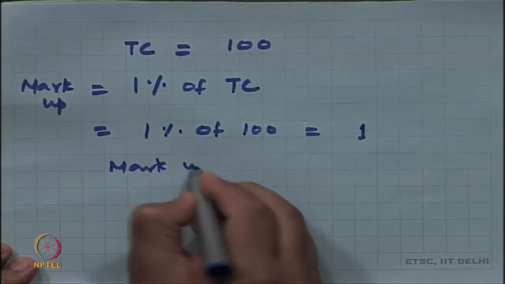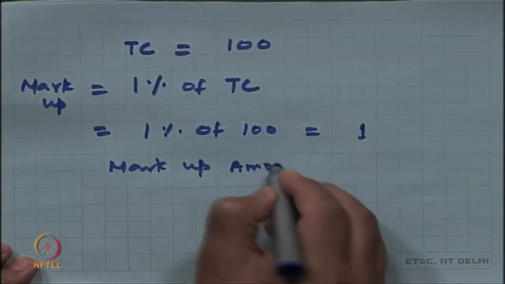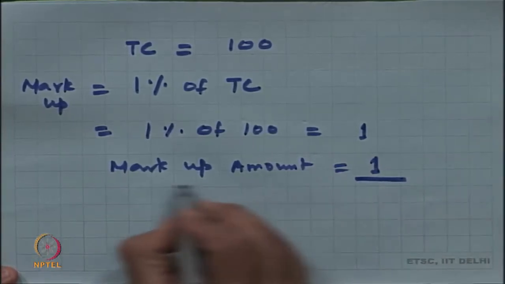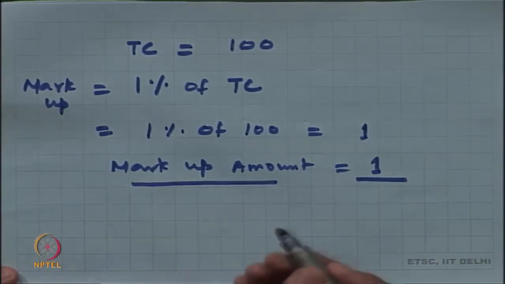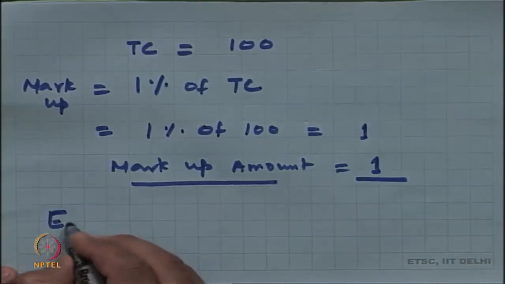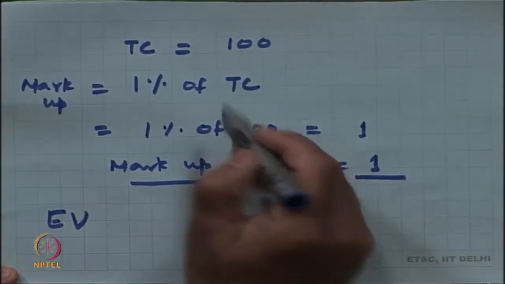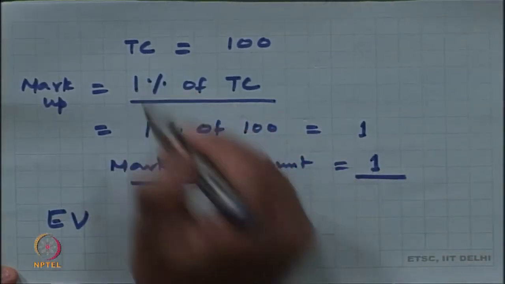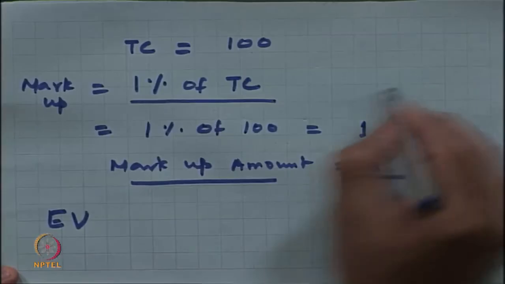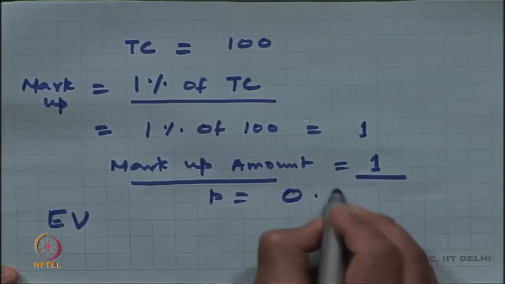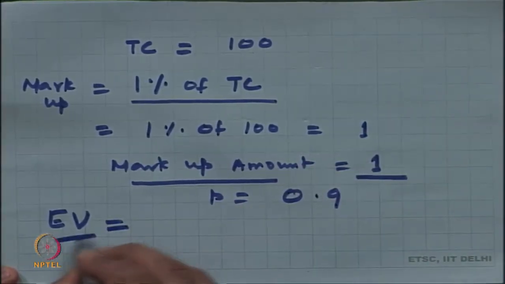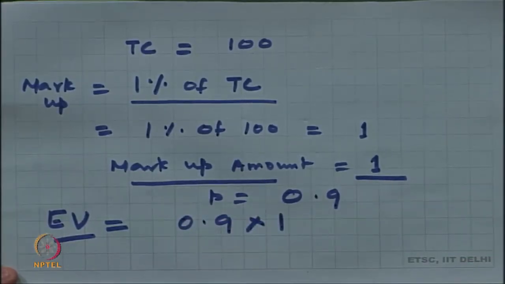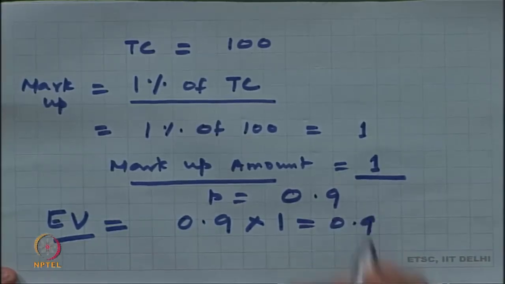Markup amount is basically 1 rupee. Now, how do we calculate the expected value of a markup amount? Suppose the probability of beating this competitor at 1% is, let us say, 0.9. So, my expected value of markup is going to be 0.9 into 1, which is 0.9.